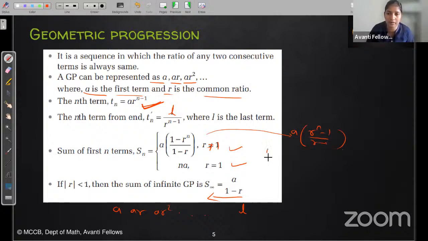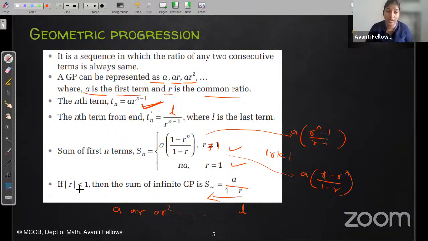If mod r is less than 1, that is r lies between 1 and minus 1, then we can write the sum as a into (1 minus r to the power n) divided by (1 minus r). Okay.